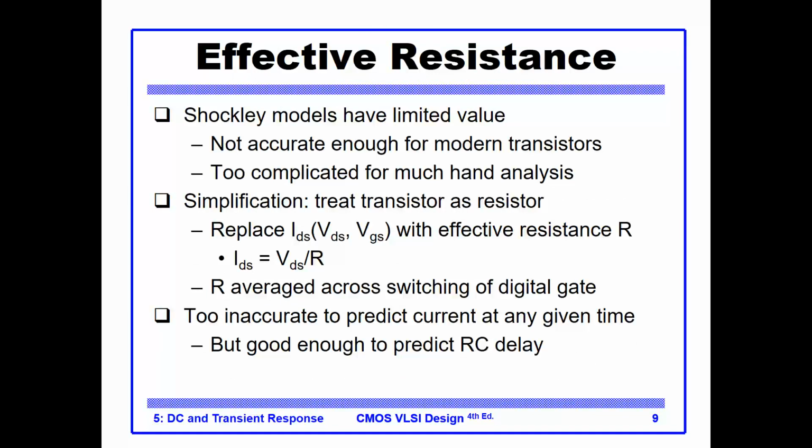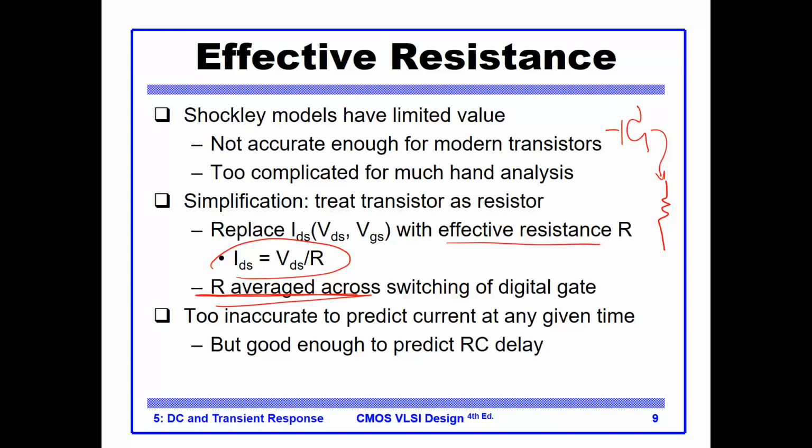Yes, it is very difficult to do so, but you can get a very rough estimate if you do some kind of simulation, and at the end you can get an average value of the resistance across the transistor. The transistor is nonlinear, and if you want to replace it with a resistor which has a fixed value, it is kind of hard.